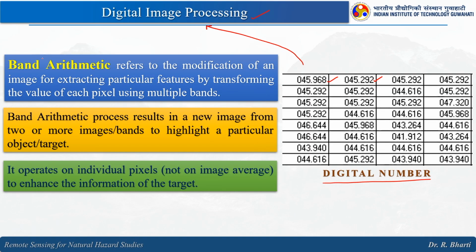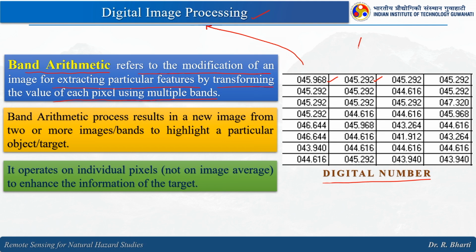When we talk about band arithmetic, it refers to the modification of an image for extracting particular features by transforming the values of each pixel using multiples of bands.